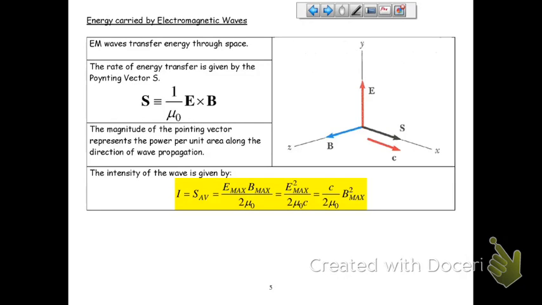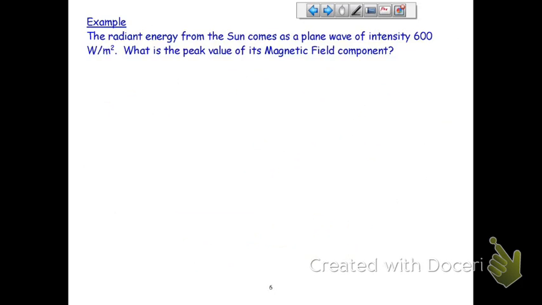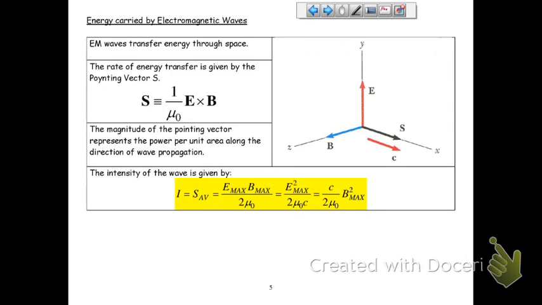If you look back at this, E and B are always at 90 degrees to each other.